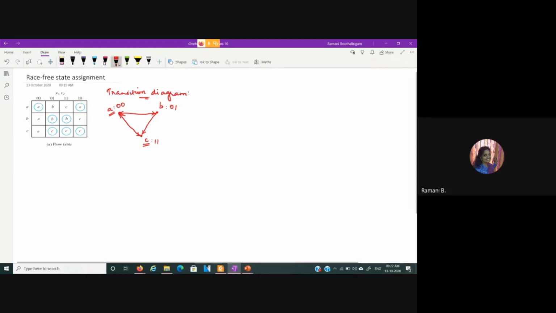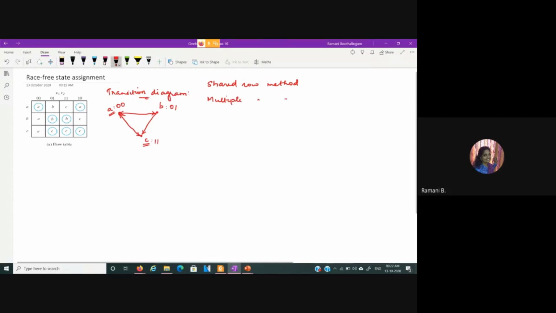So we have to overcome this. For this purpose, we have two types of method. One is the shared row method of state assignment and the other is the multiple row method of state assignment.